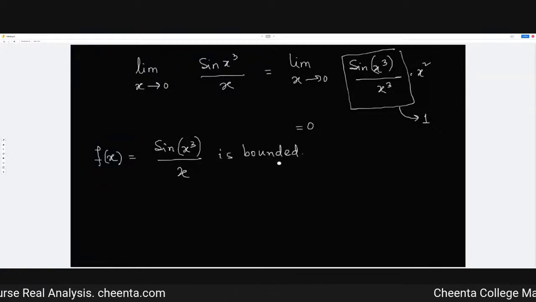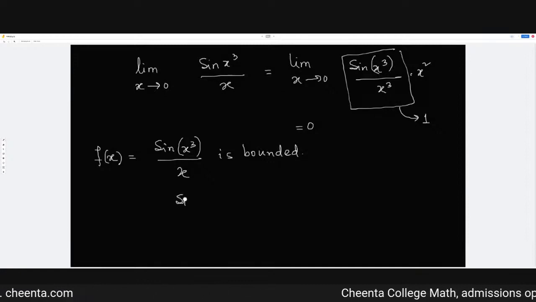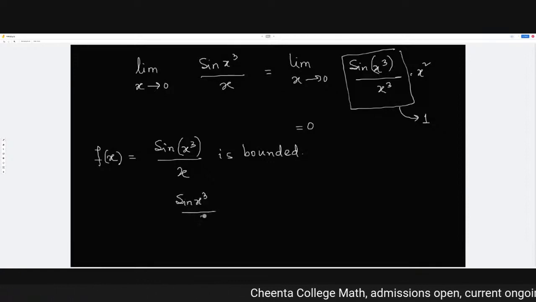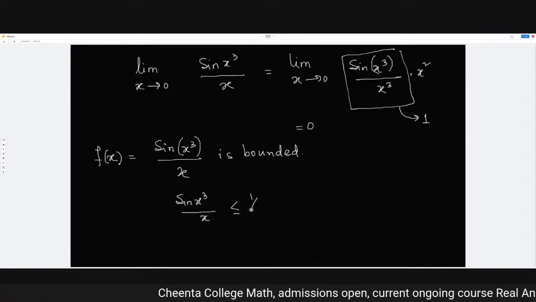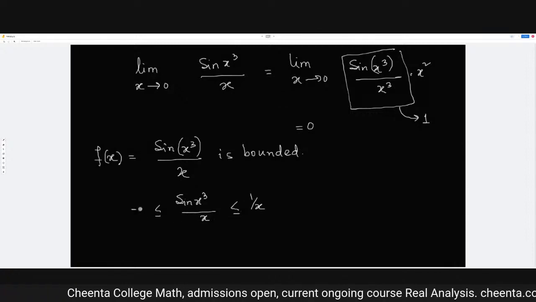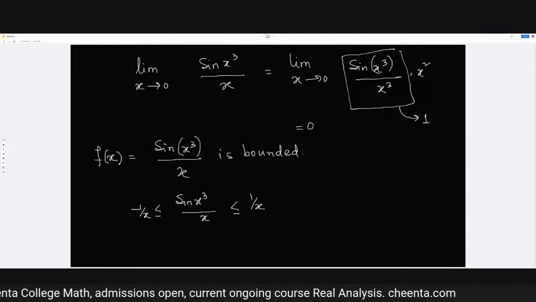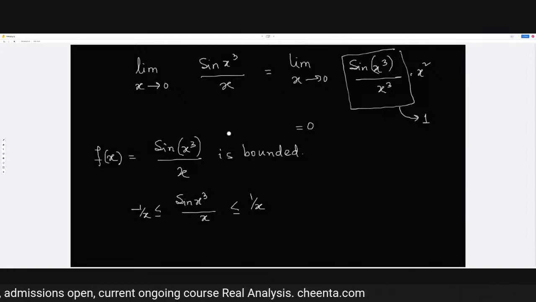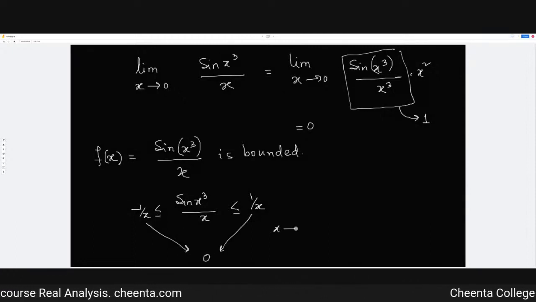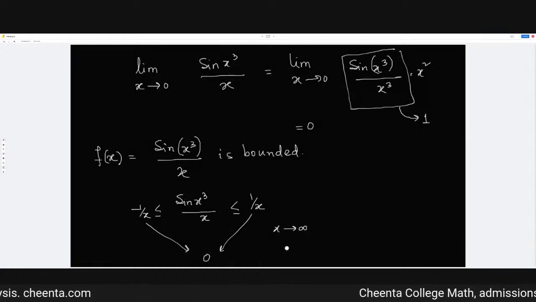We proved it like this: sine x cubed by x is always in between minus 1 by x and 1 by x. So there is no problem if x tends to infinity, because then both of these go to 0, and sine x cubed by x will go to 0, right?